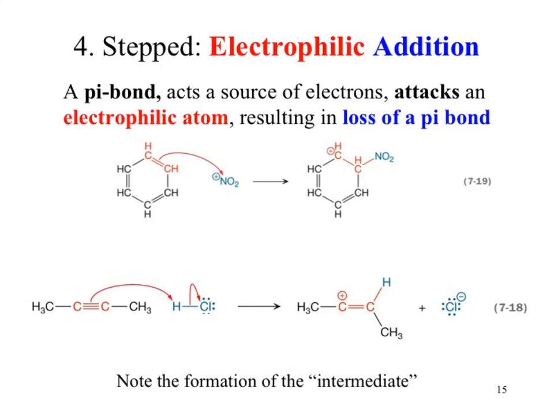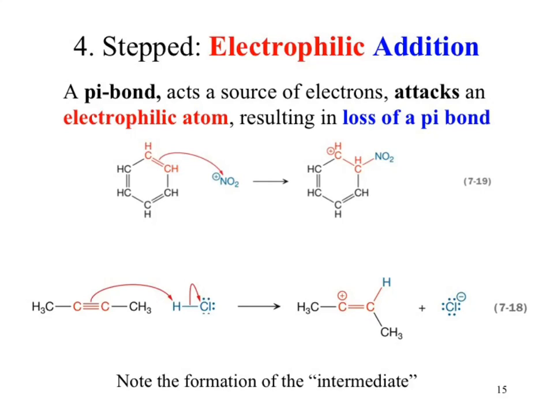As a hint, I have a slight issue with that being referred to as an electrophilic addition. What did the pi bond act as? Source of electrons, good. Where did those electrons go? They were shared with hydrogen. So what did this molecule act as?